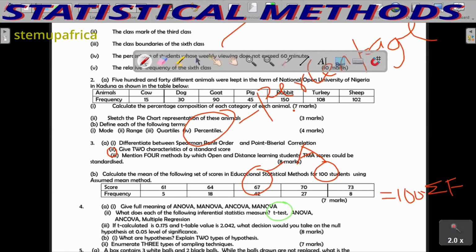Then the second, if T calculated, that is if I calculate your T value, the 0.175 is the calculated T value.